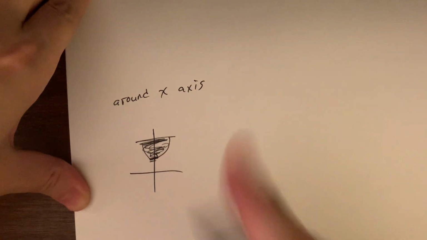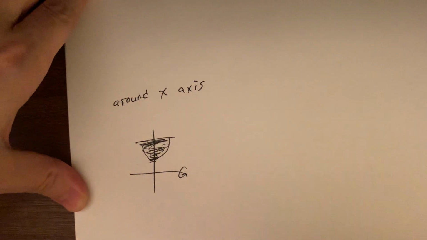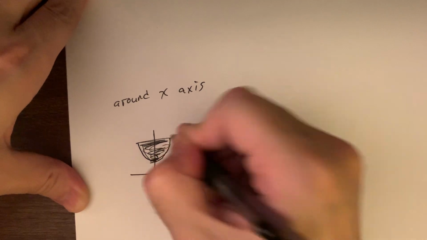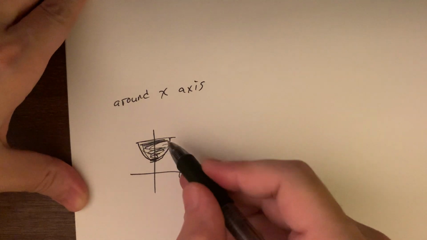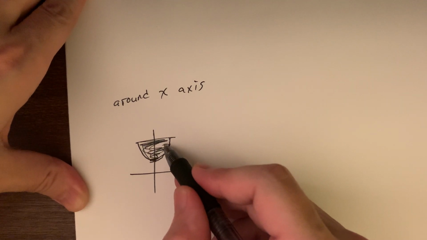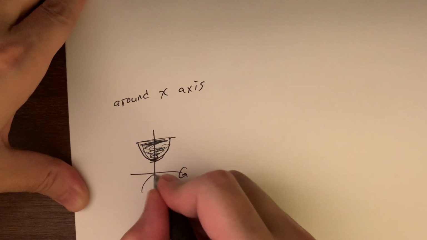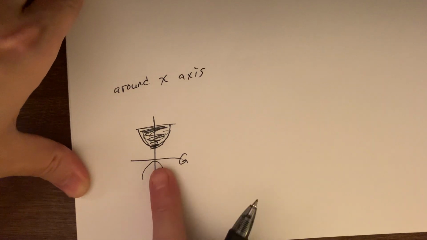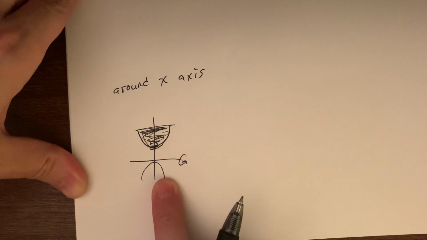So if I took this and went around the x-axis, a common mistake is that people see something like this, flip around the x-axis, and they draw this. And that is not correct, because you still need to realize symmetry still exists.